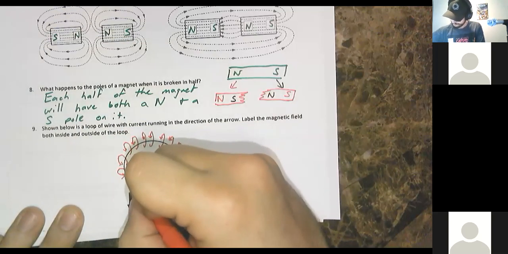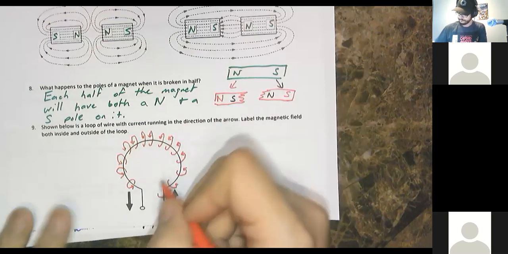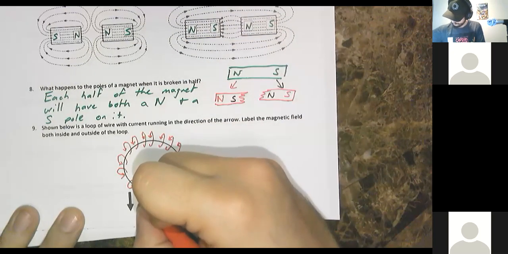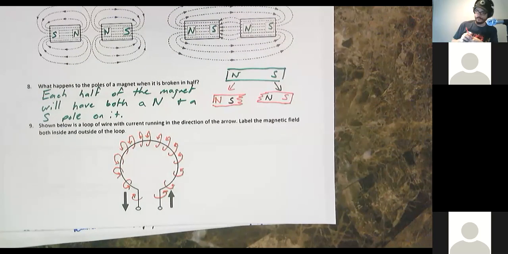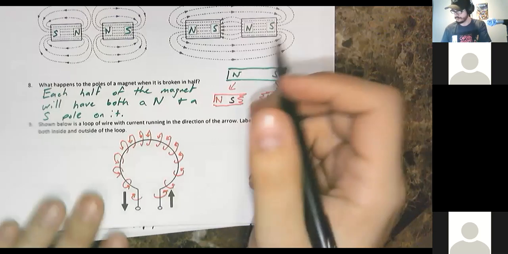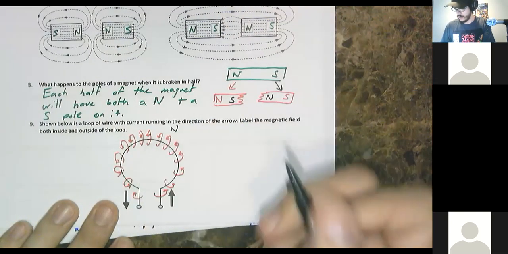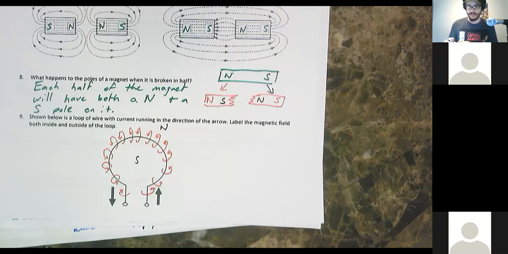And just to be sure, oh yeah, it does still work. So if it's going from north to south, then the outside of it has got to be a north and the inside of it is going to be a south.